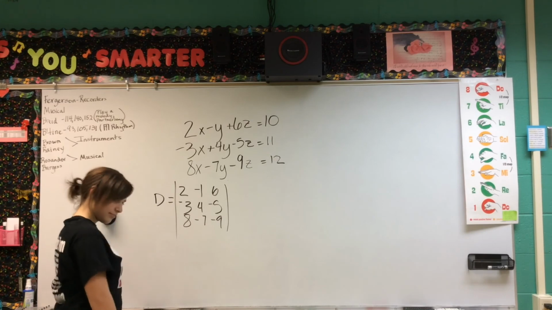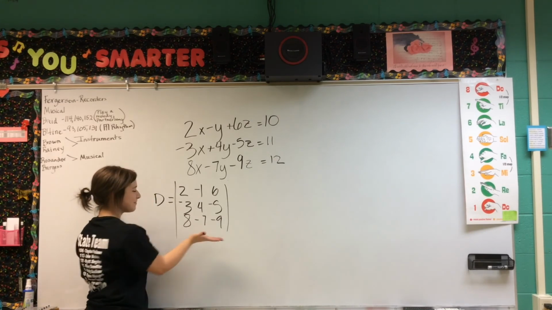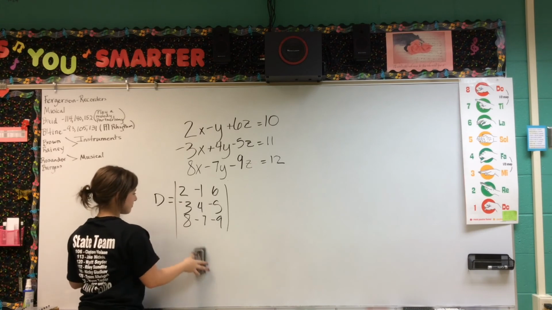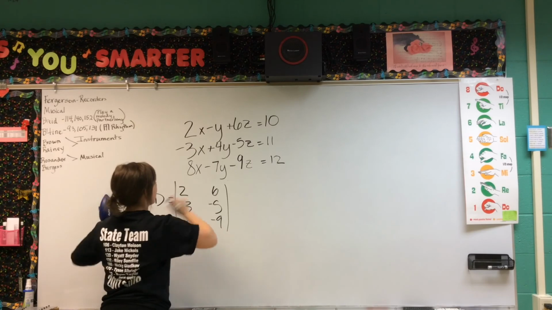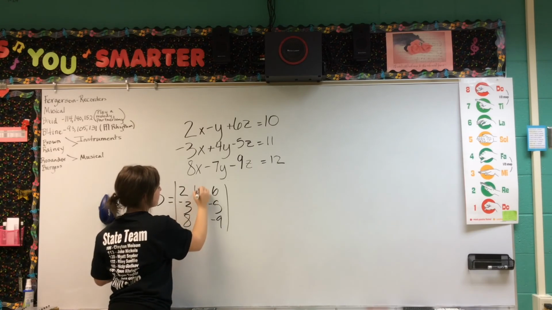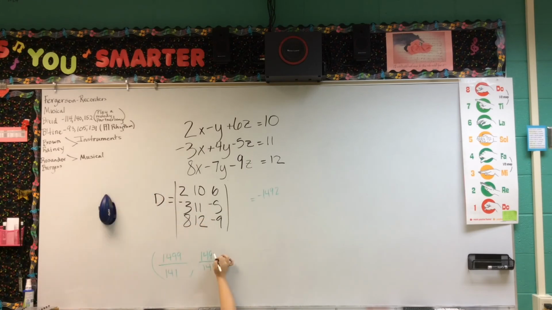Alright, so now we're going to come back and we have the coefficient matrix, and we are going to erase our dy's and sub that in with the 10, 11, and 12 and work from there. Alright, so we did the math, and that all equals negative 1,492.